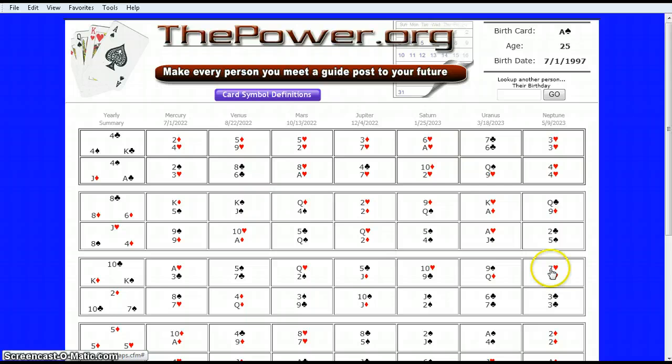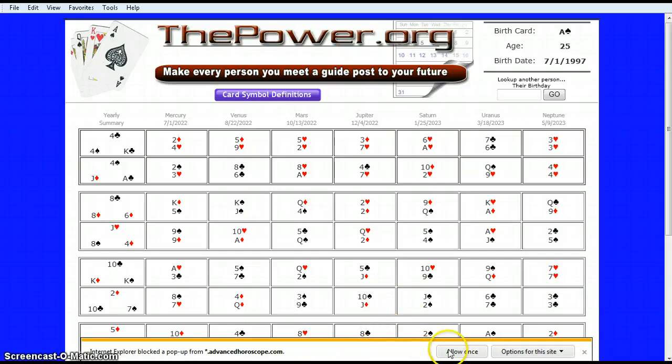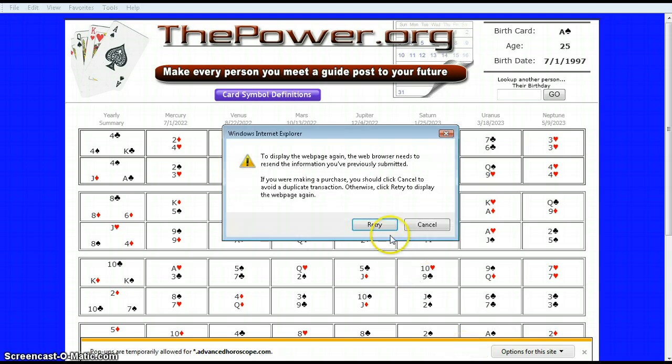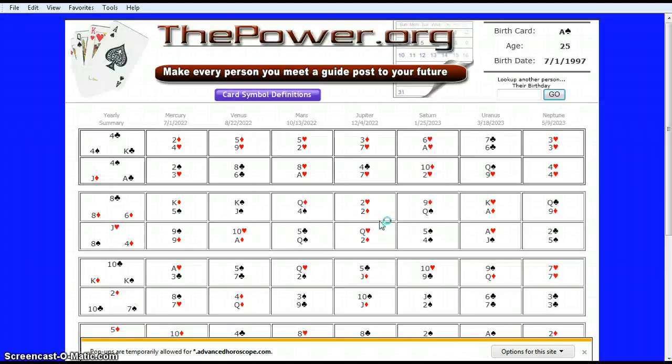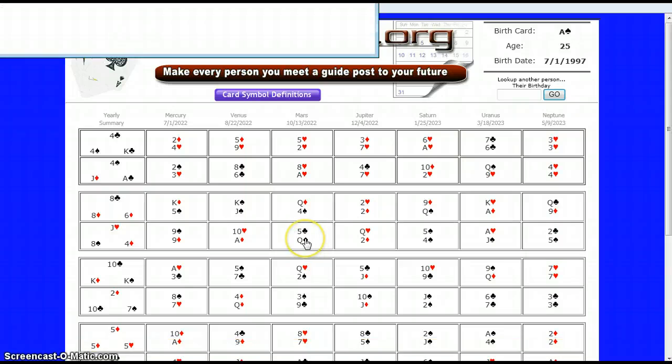Then when it comes to reading the definitions, you're going to turn off the pop-up blocker, which is what I'm going to do right now. Turning off the pop-up blocker allows you to see the definition of all the cards. To see the definition of any card, all you have to do is bring the card over and touch the suit of the card, and the definition will pop out in the upper left-hand corner of the screen like a pop-up balloon.